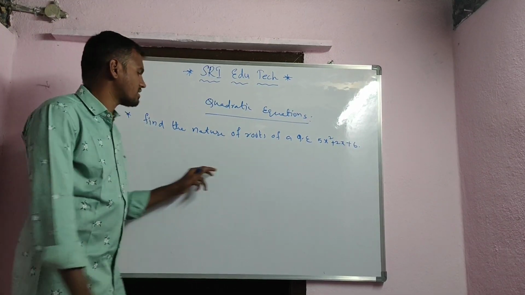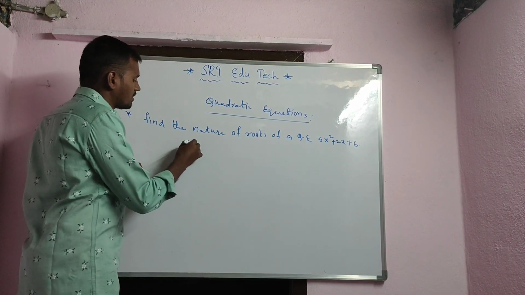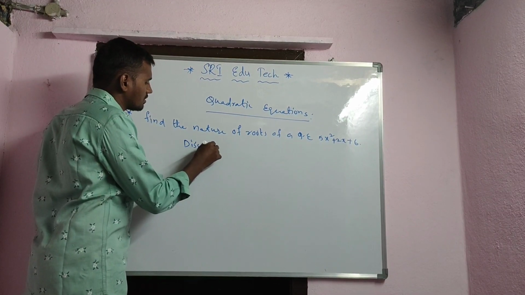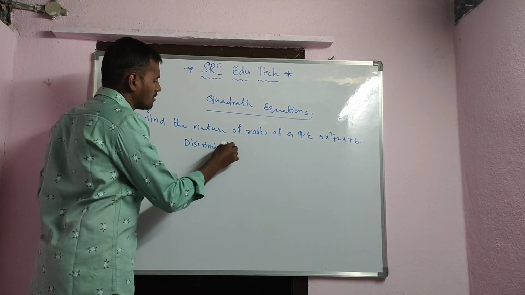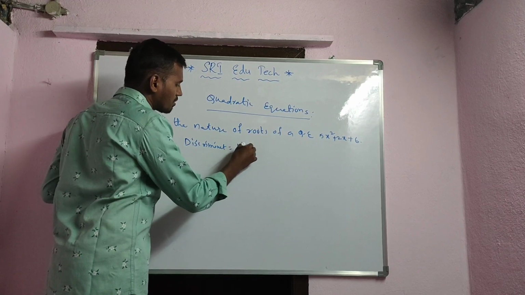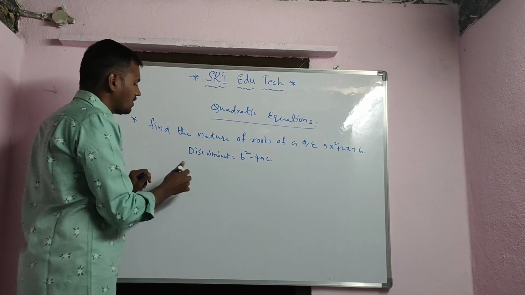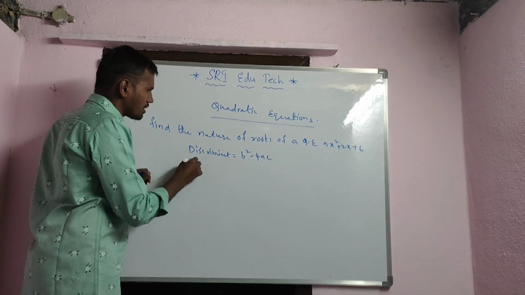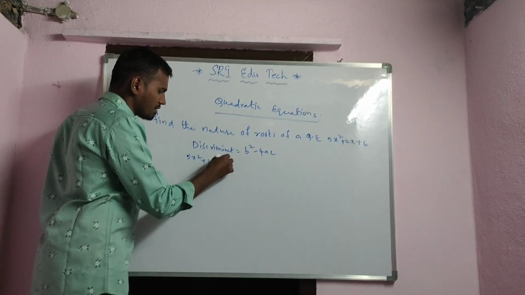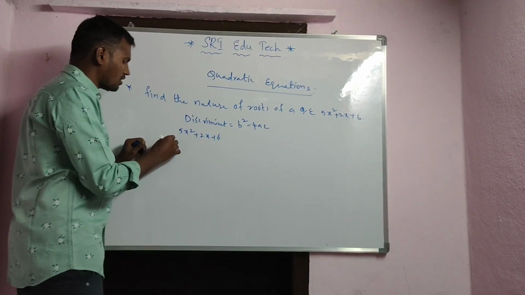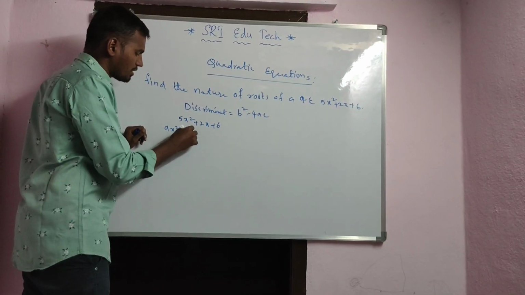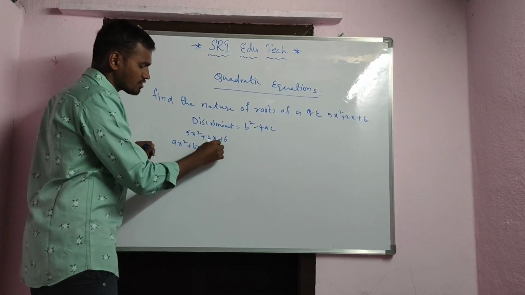Okay, now discriminant, write down here, discriminant is equal to b square minus 4ac. Right? See, the equation 5x square plus 2x plus 6 is in the form of ax square plus bx plus c is equal to 0.